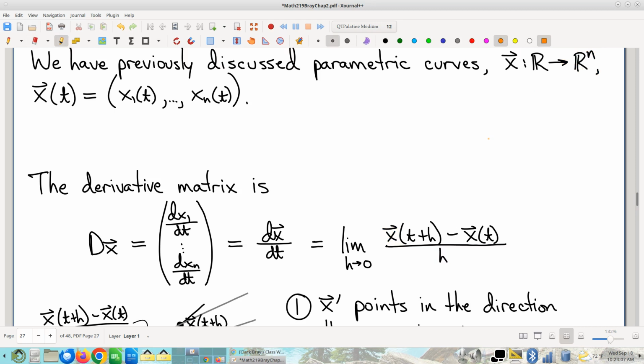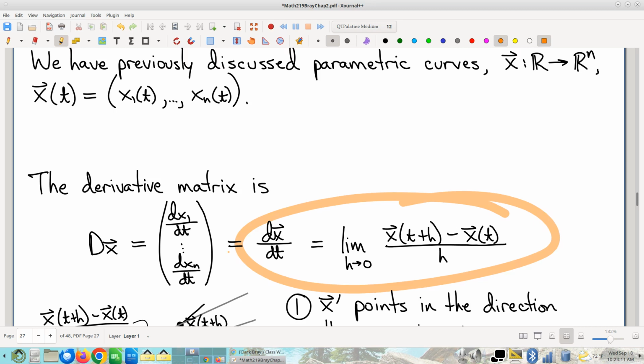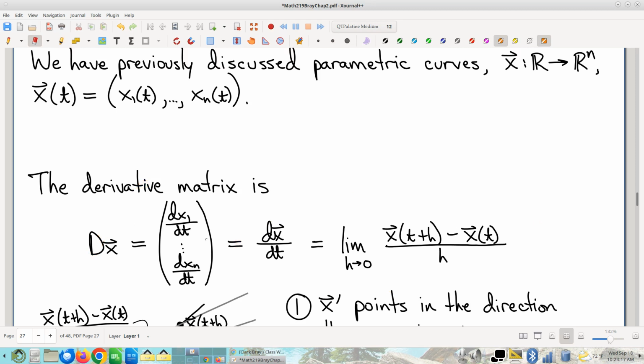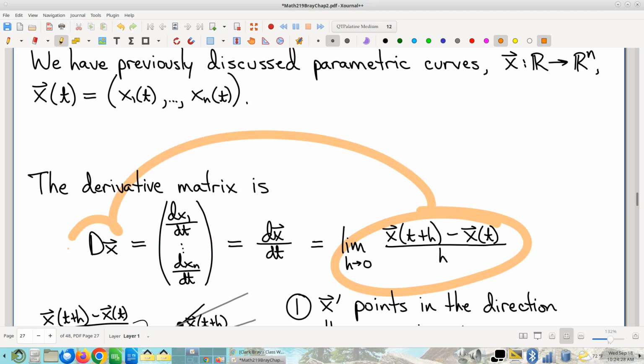So, in fact, what we have here is a different interpretation of the derivative matrix. It's the same thing, right? It's literally, again, because the Calc 1 definition of a derivative is done one coordinate at a time, this is a take on the derivative matrix, and in particular, this vector that I get when I compute this derivative matrix.